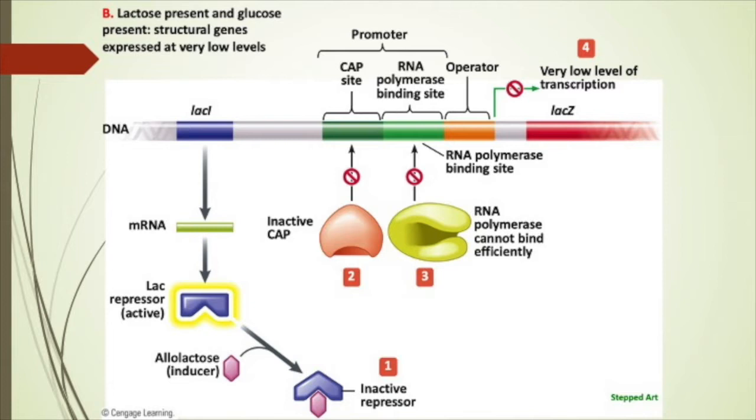And transcription occurs. But if lactose is present and glucose is present, structural genes are expressed at very low levels, because you don't have that active CAP, and RNA polymerase cannot bind effectively. It all depends on how those genes are structured, and also on that glucose level.